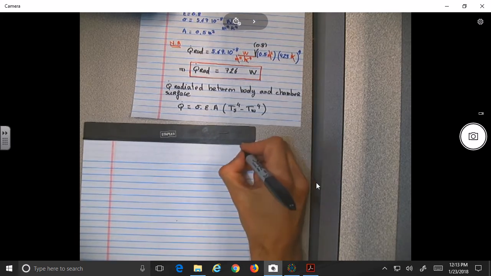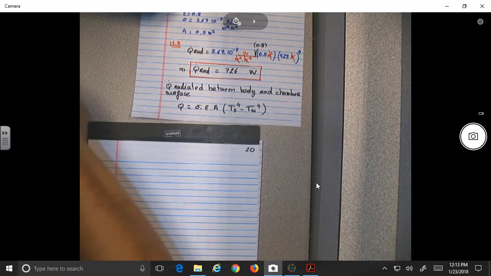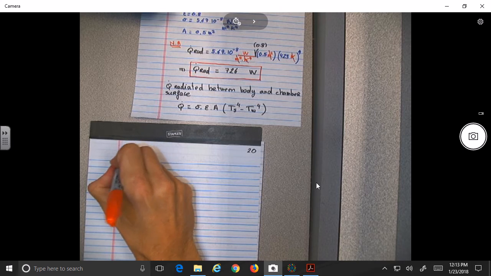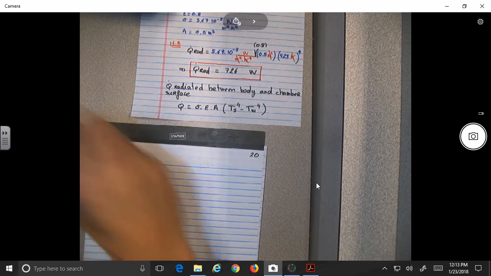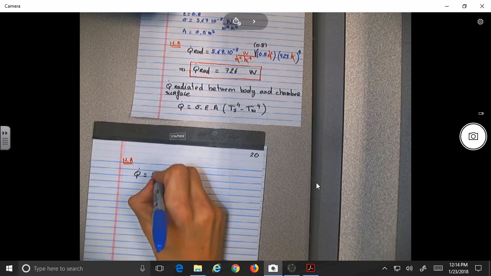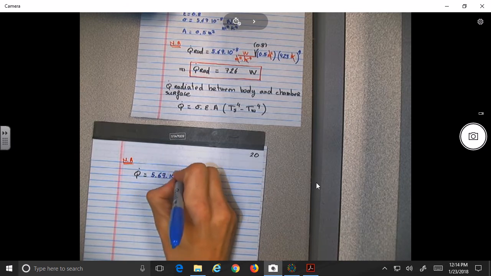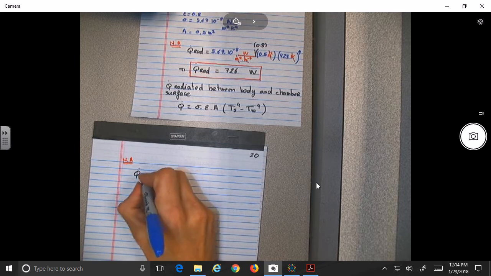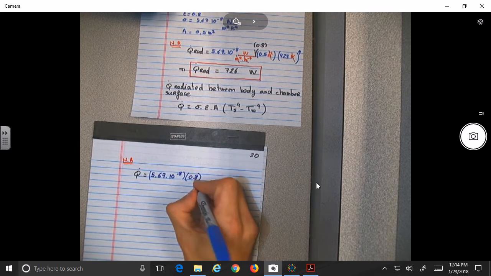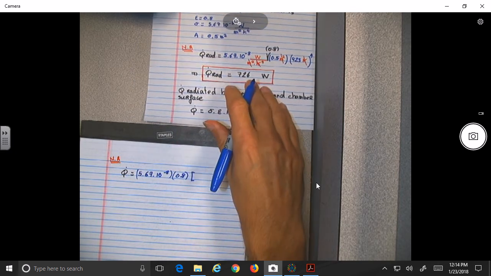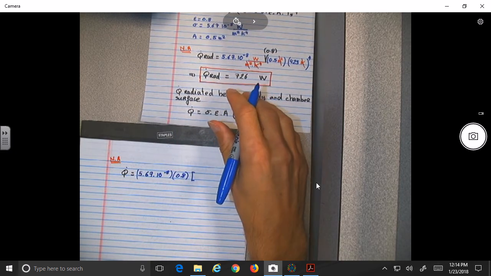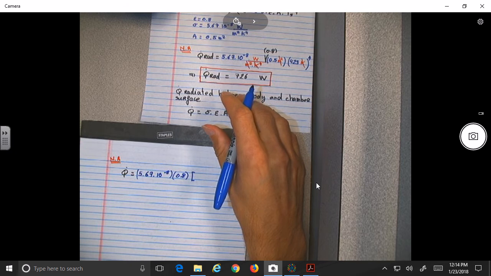What are we getting? 5.67 times 10 to the minus 8 times 0.8 times, we need to be careful, T surface we calculated to be how many Kelvin? 423.